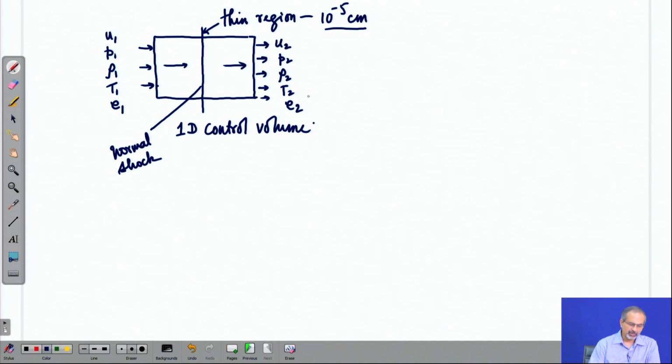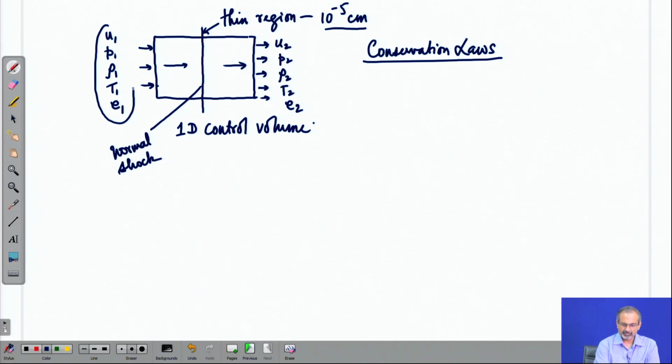And let us try to figure out, by applying the conservation laws, how we can connect these sets of properties across the control volume. So, for that we will recall our conservation laws and we will apply them in an integral form.